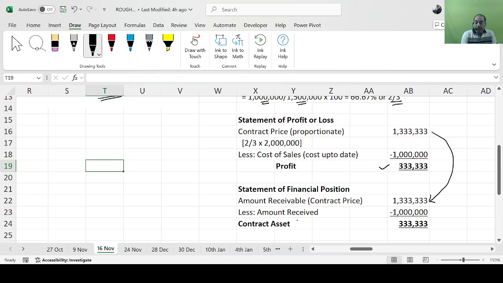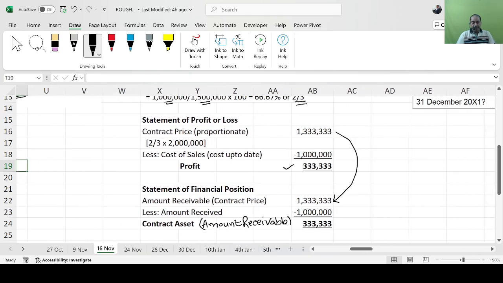So the contract asset, amount receivable. What is the meaning of contract asset? Amount receivable. Okay. So this is coming to $333,333. That is amount receivable. It's a contract asset.